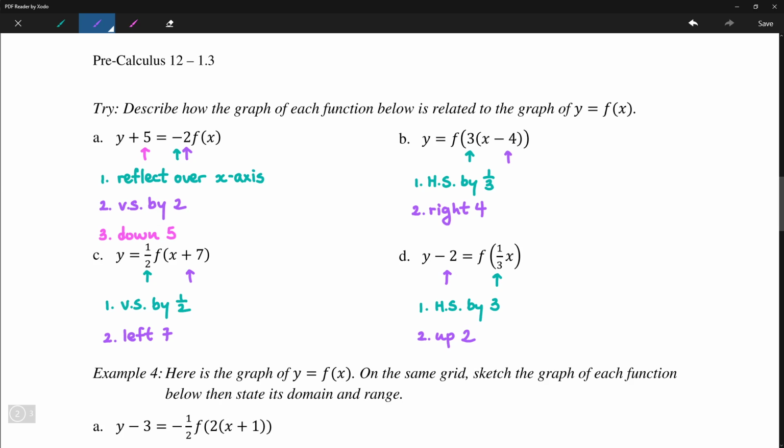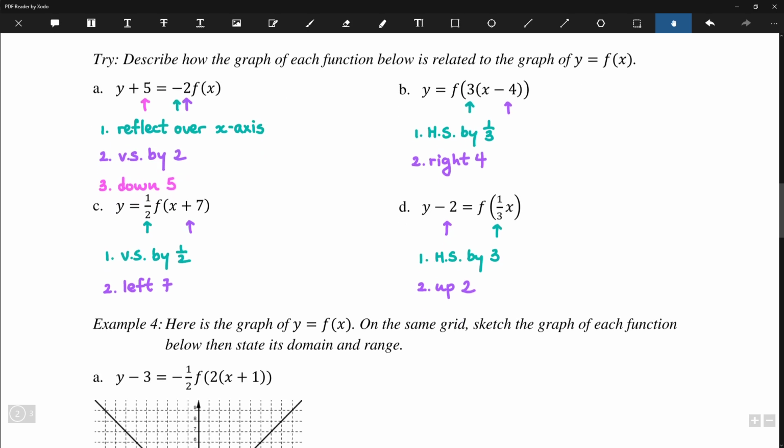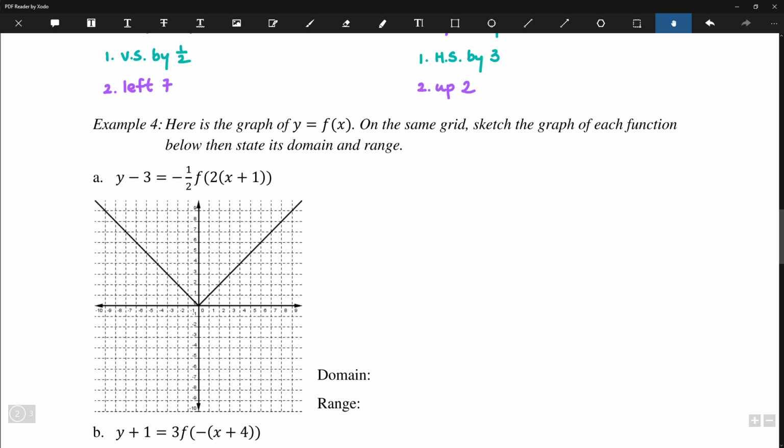Okay. So after that, I'm just going to look at a couple more graphs. Once again, we just have the absolute value function. It doesn't say that's what it is, but that's what it is. All right. Number of transformations.